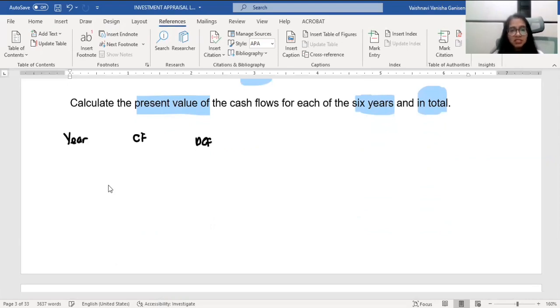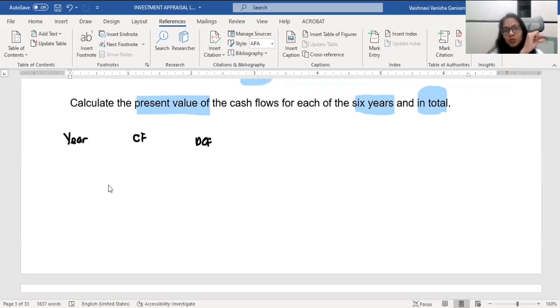Now, you might ask me, Miss, how come sometimes you do it in the horizontal table and sometimes in the vertical table? You have the horizontal approach and the vertical approach.